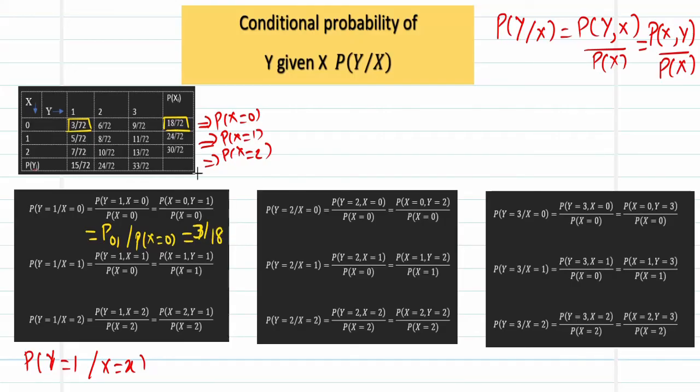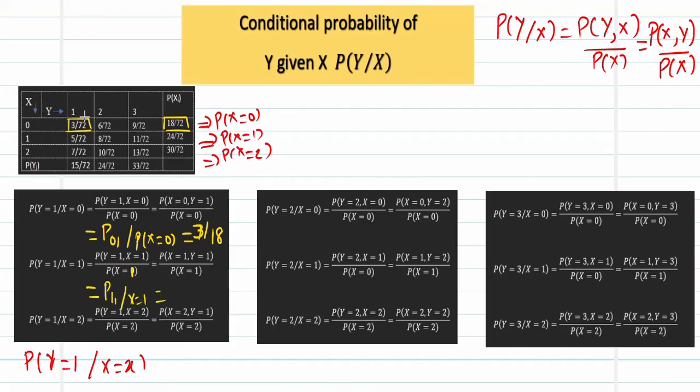3 divided by 18. The next quantity is the probability of y equal to 1 given x equal to 1. So this is y equal to 1, x equal to 1 divided by the probability of x equal to 1. We rewrite the numerator as x equal to 1, y equal to 1. This is my p of 1, 1 divided by the probability of x equal to 1.